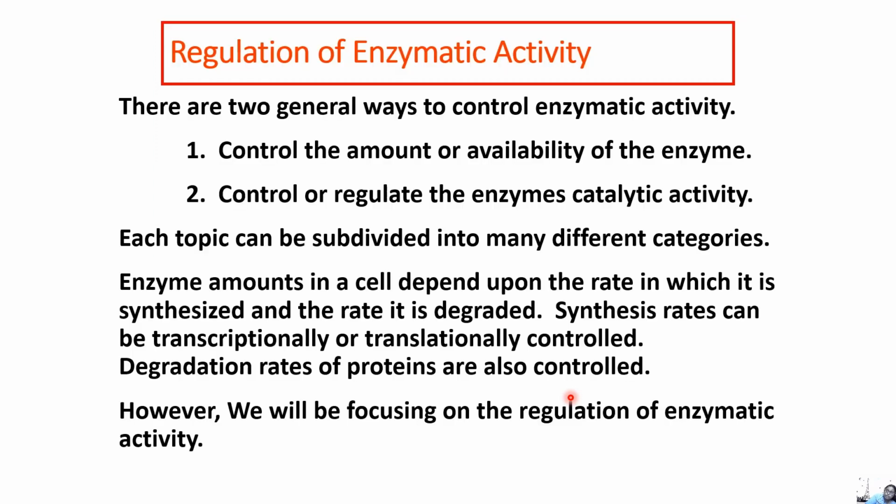There are two general ways to control enzymatic activity: to control the amount or availability of the enzyme, and to control or regulate the enzyme's catalytic activity. Enzyme amounts in a cell depend upon the rate at which it is synthesized and the rate at which it is degraded. Synthesis rates can be transcriptionally or translationally controlled, and degradation rates of proteins can also be controlled.